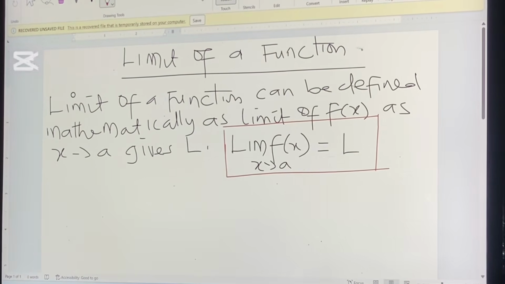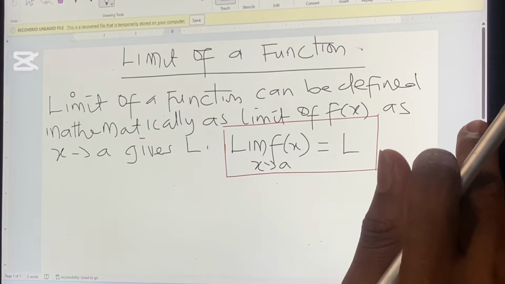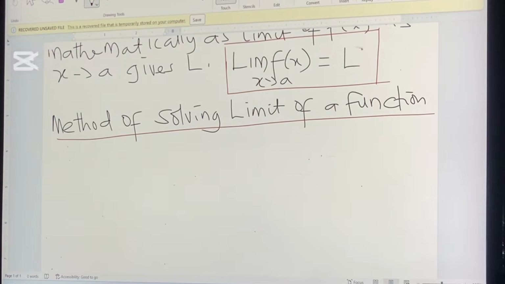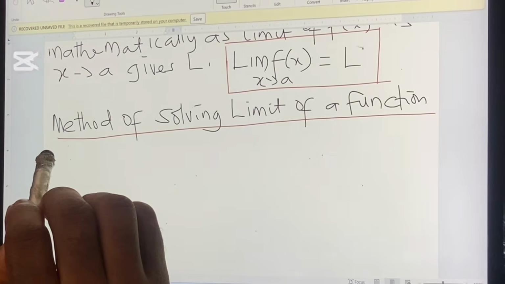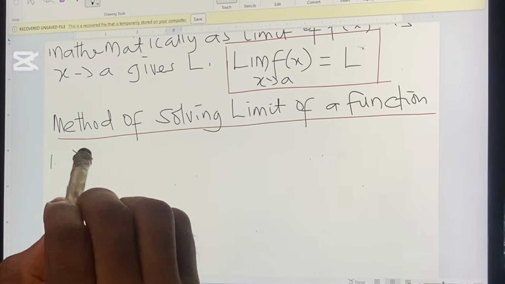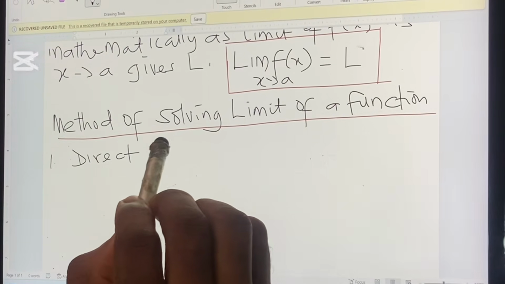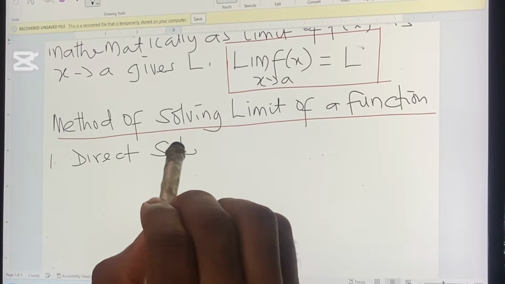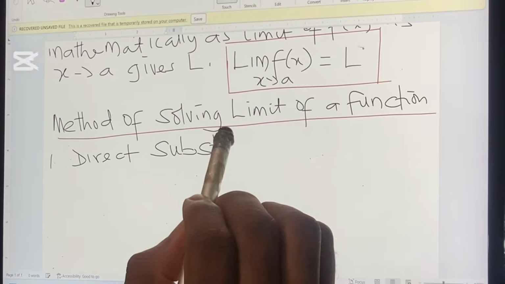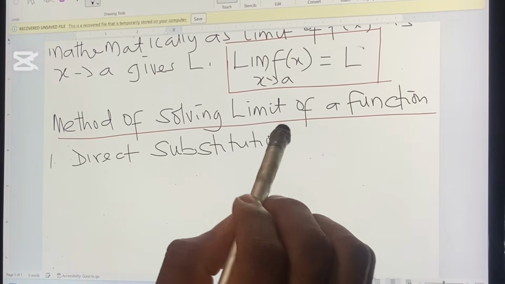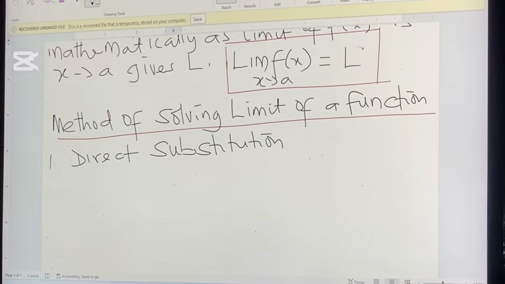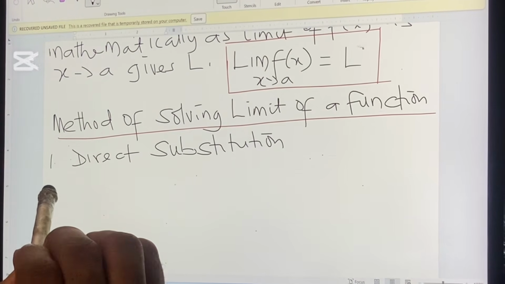So let's look into the method of solving limit of a function. The first method for solving limit of a function, class, is direct substitution method. Please take note. The second method is factorization method.